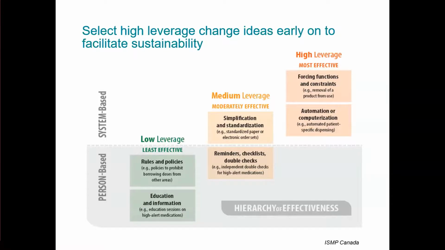It says to select those high leverage change ideas early on to facilitate sustainability. The high leverage ones are design systems to avoid mistakes, so error proofing, forcing functions, and adding equipment to avoid repetitive tasks. Forcing the completion of a document, such as a discharge plan, before a client record can be closed are good examples of that.